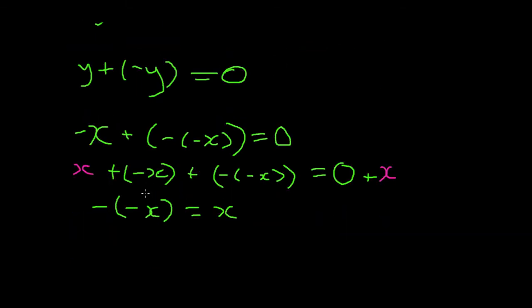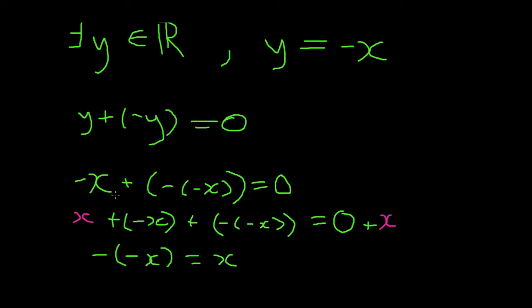But then we say negative x. Okay, so now you take this and substitute it in. You take what y is and you substitute it in. So you say negative x plus negative x, because this is y and it can negate it. So negative x is equal to 0. Still true, but we haven't proved it yet. We add x to both sides. I did it in purple, so in case someone gets mixed up about where the x came from, I just added it to both sides.